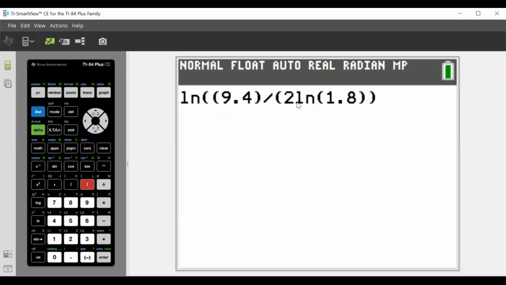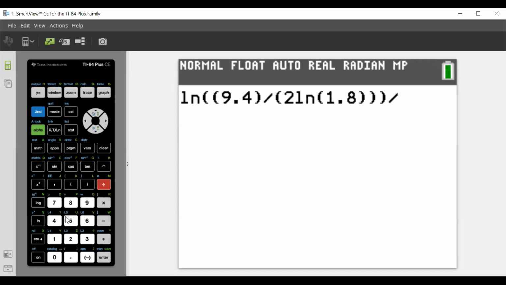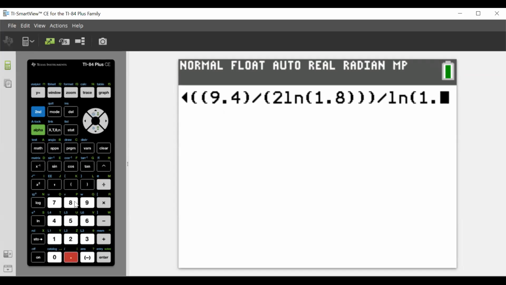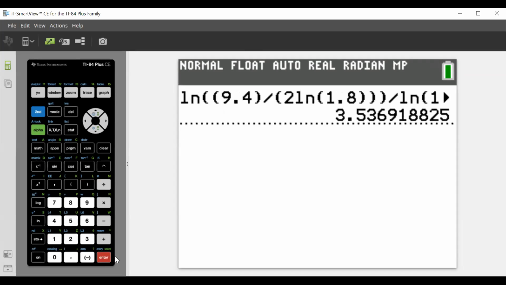So we have that closed, and that closed, and one more, divided by the ln of 1.8, and we end up with 3.5369. Okay, and that's going to be our first solution. So let's go ahead and write that down.